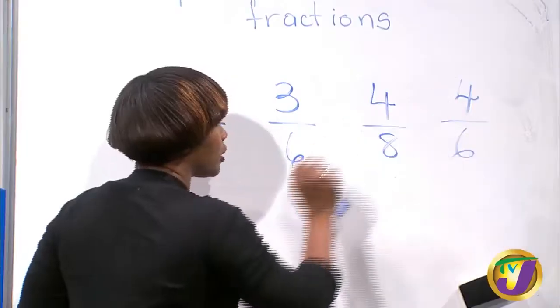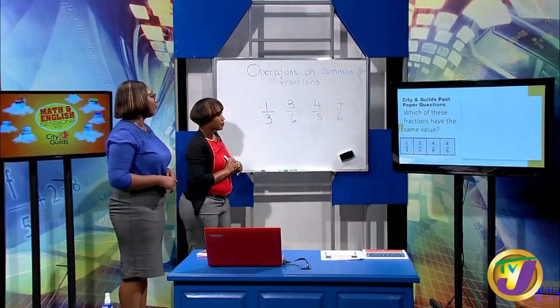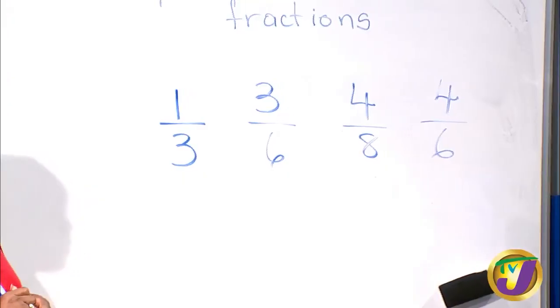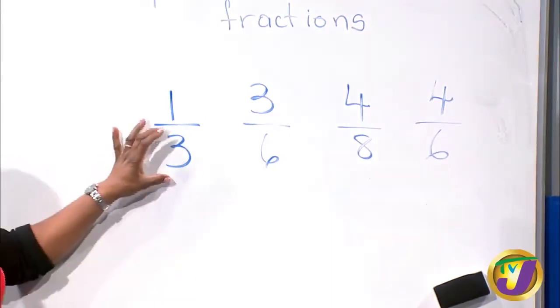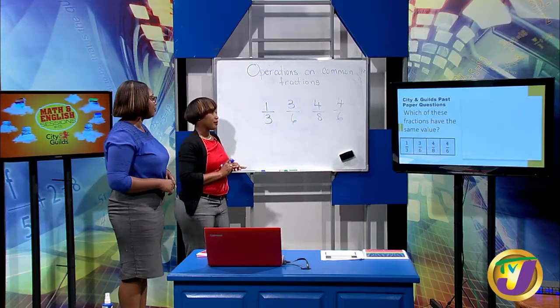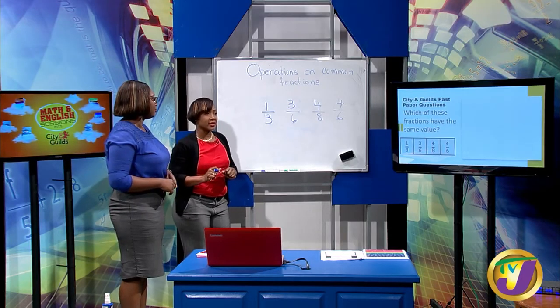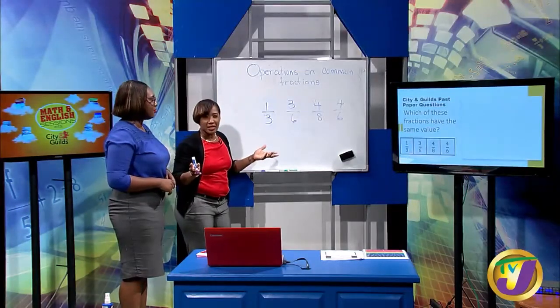6, 4. Which, in your mind, is the largest fraction? The one with the biggest denominator? Look at that. It's a misconception. So, a third. If you had a pizza and you were sharing with 3 friends, wouldn't you get more than if you were sharing with 8 friends?